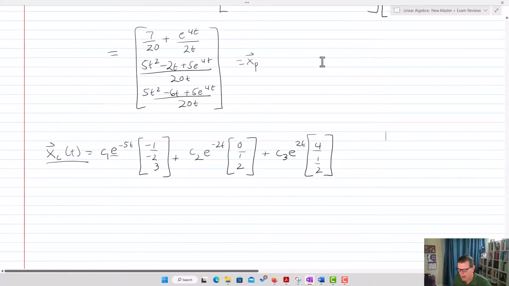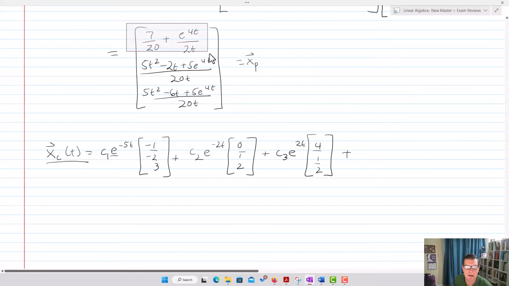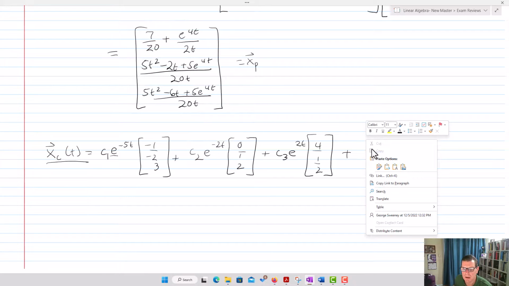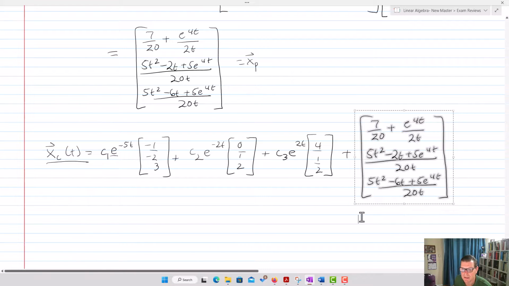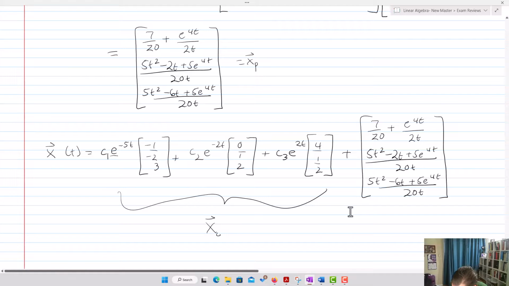And we will add this piece right here. And there it is. That particular part looks so much larger, but it really is just another line. This is the entirety of our solution. This isn't actually xc any longer. It's x. This is my xc, and this is my xp.